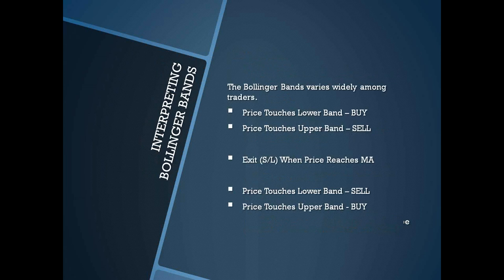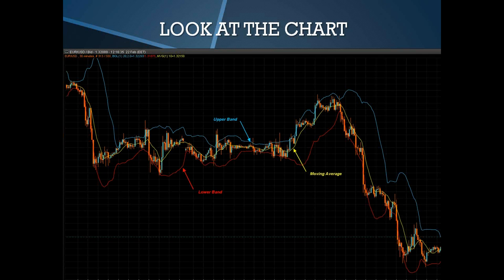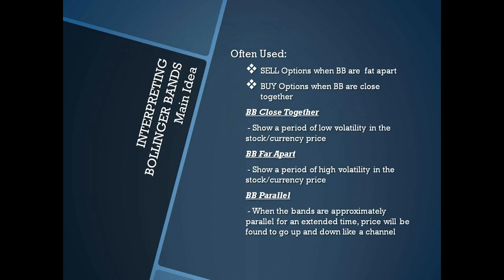Here, what is often used is that you're looking at sell options when the Bollinger Bands are far apart, meaning that there's a big, I'm going to go back to my graph, when you'll see that there's a large space between the upper and the lower band, you're looking exactly at a sell option. A buy option, you're looking when the Bollinger Bands are very close together.